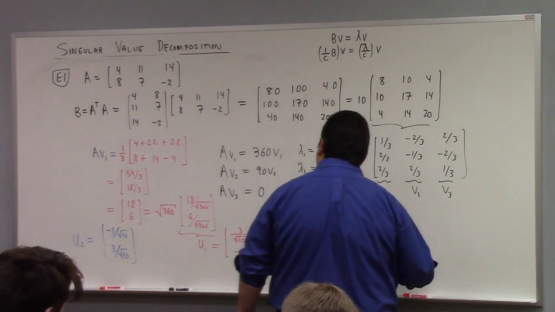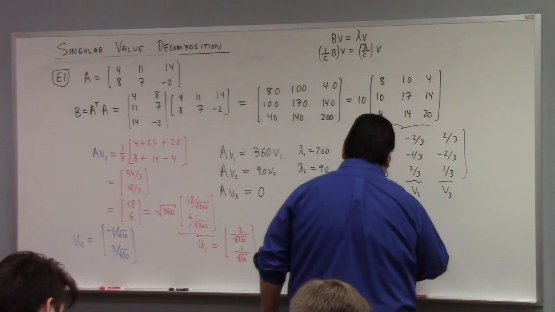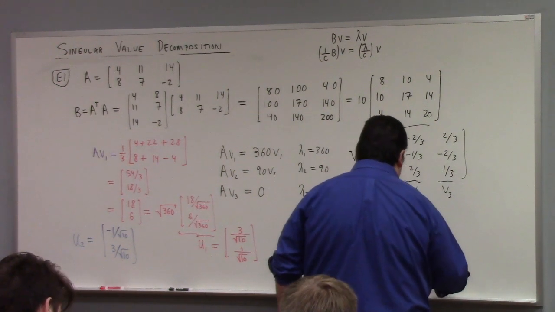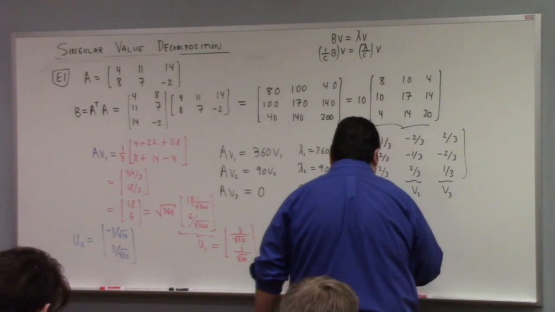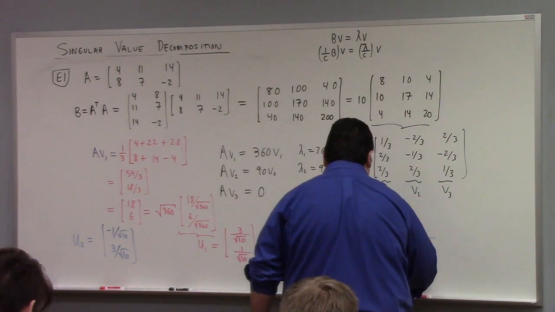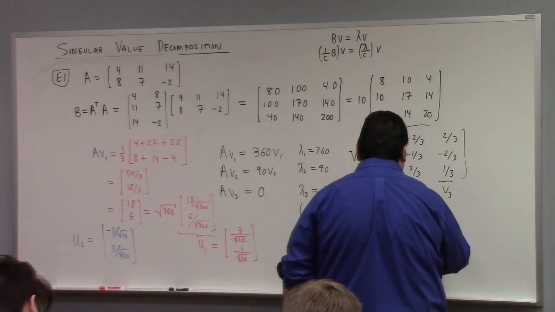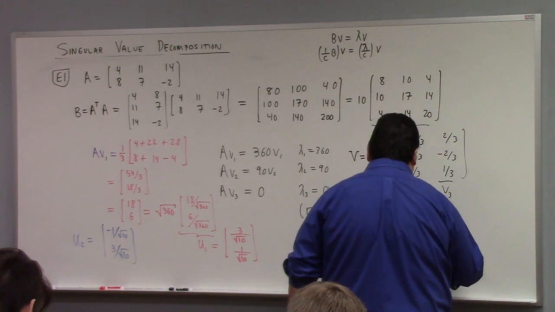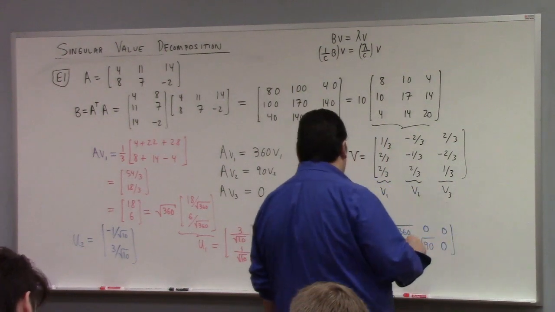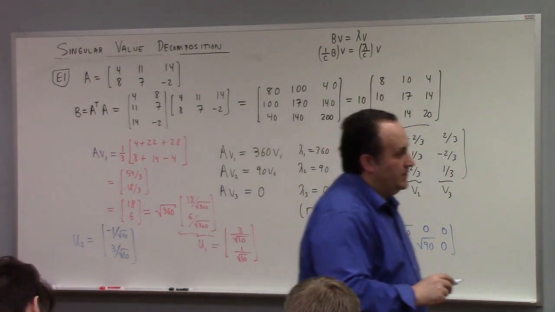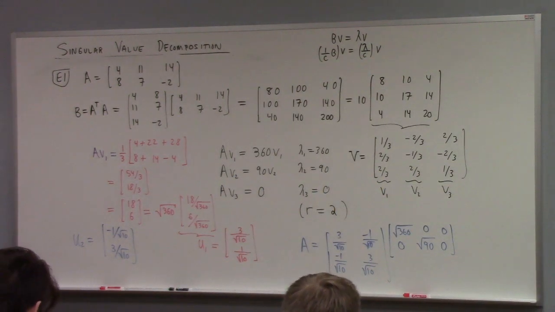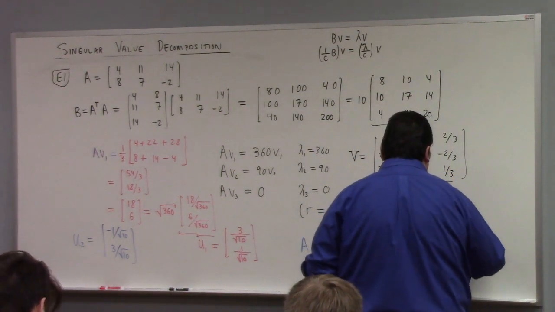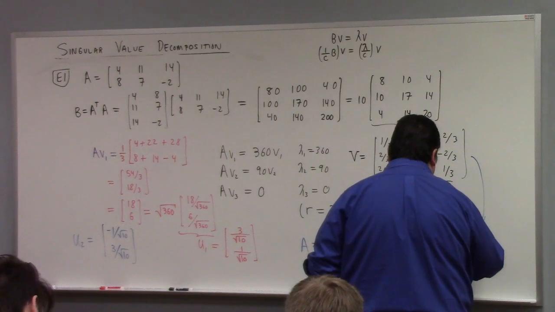The sigma part, which in this case is square root of 360, square root of 90, and then like that. I think, and then we have zeros over here, if I remember right. And then I won't write it out, but this down here, but transpose.